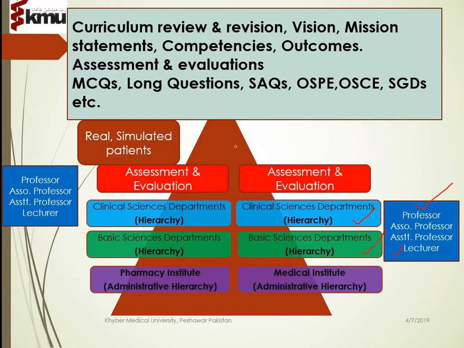Likewise, the Pharmacy Institute, the College of Pharmacy, should have its basic sciences like pharmacology, pathology, microbiology, all taught as they are in the College of Medicine, and the clinical sciences, of course, should be taught in the College of Pharmacy.